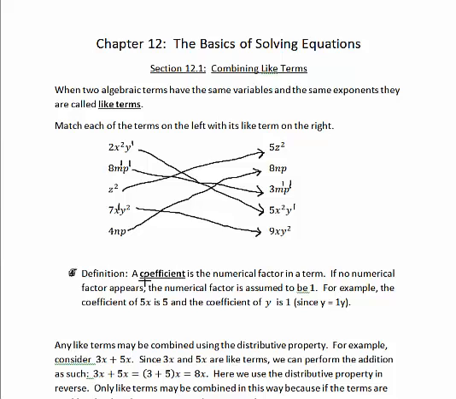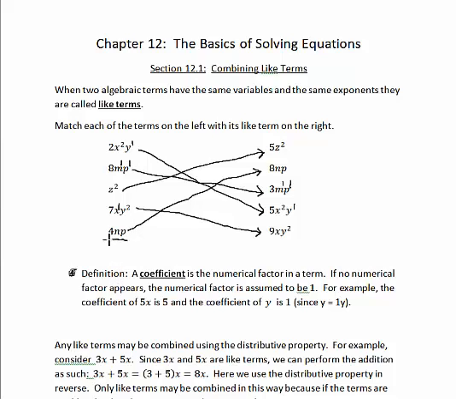So here's a definition: coefficient. It's the numerical factor. If you look at each of these terms, like I stated before, everything involved with the term is being multiplied, such as this 4np. The 4 is multiplied times the n and multiplied times the p.